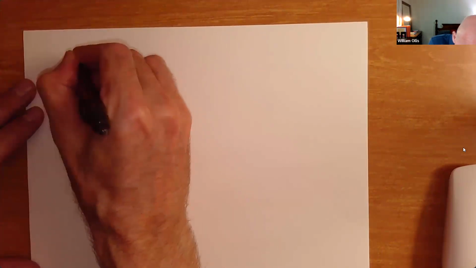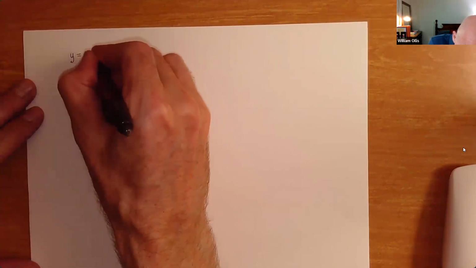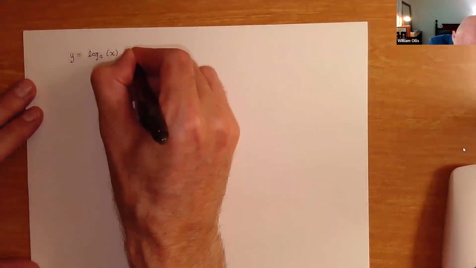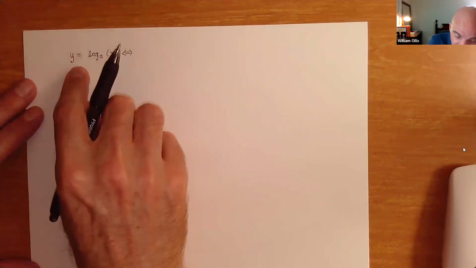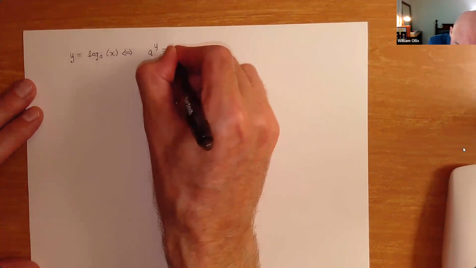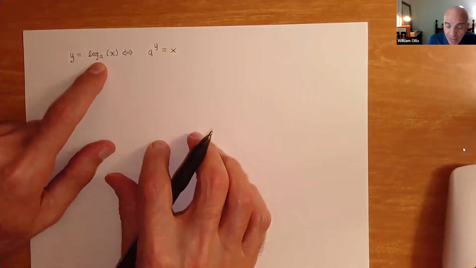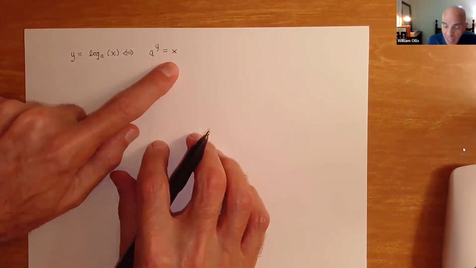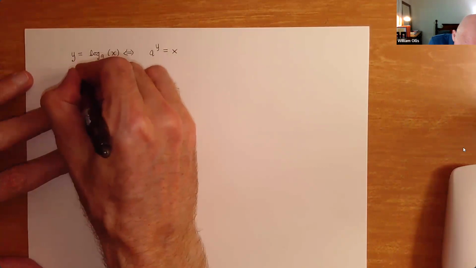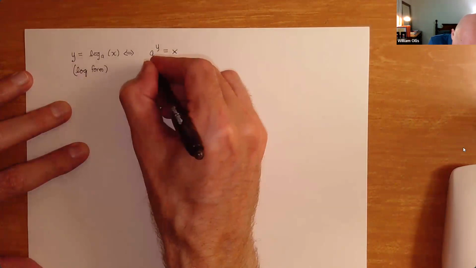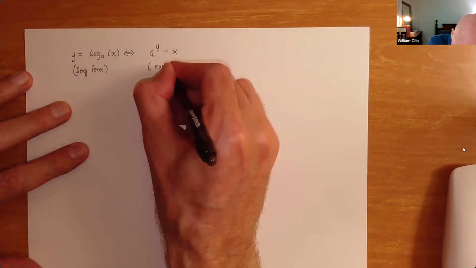As I said before, y equals the base a logarithm of x if and only if a to the y equals x. That is, the power of a that equals x is y. This is what we call log form, and this is what we call exponential form.